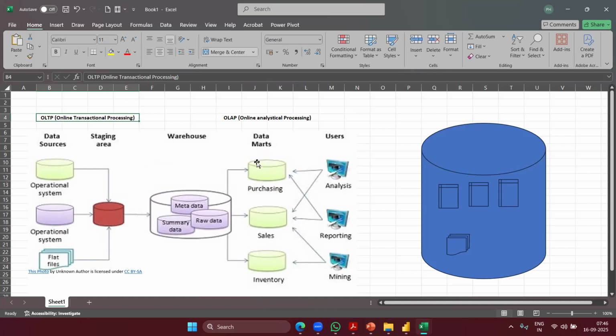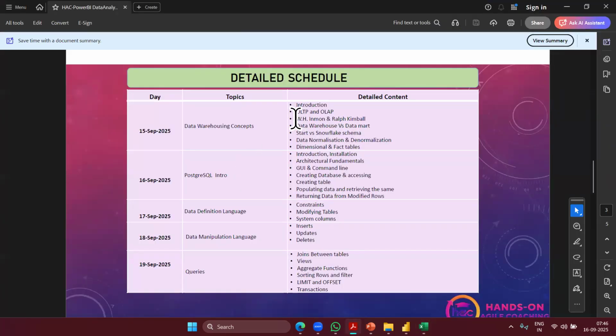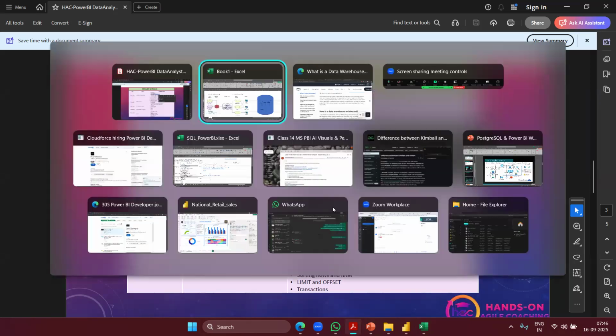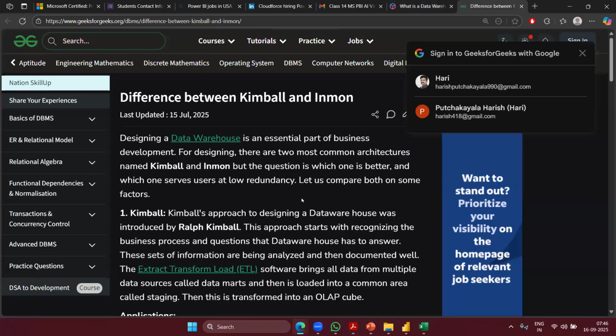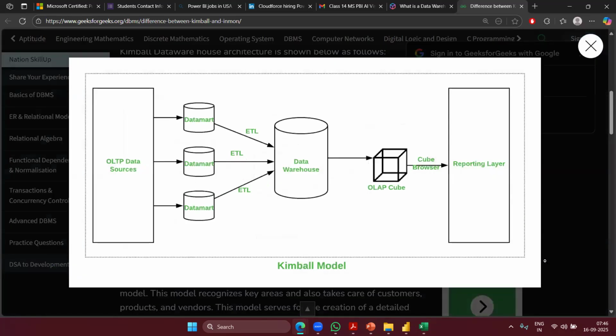Now, tell me how to build this data warehouse. That is the question. We have two great scientists, W.H. Inmon and Ralph Kimball. They have proposed two solutions. Let us see what those two solutions are. Now, what Kimball has proposed, let me show you the image.